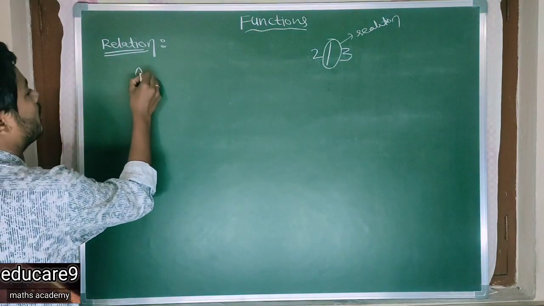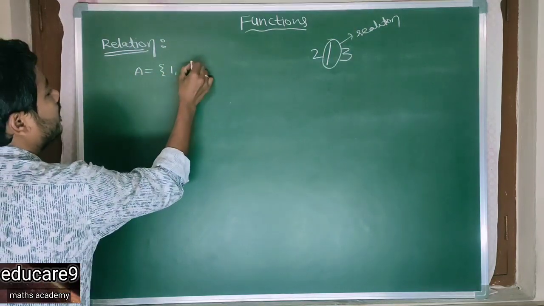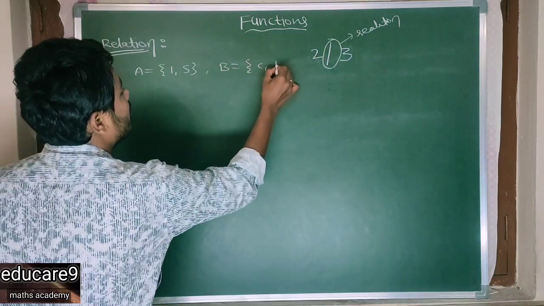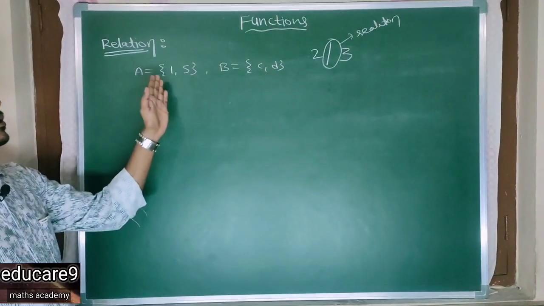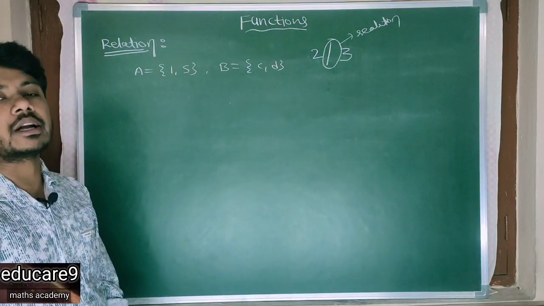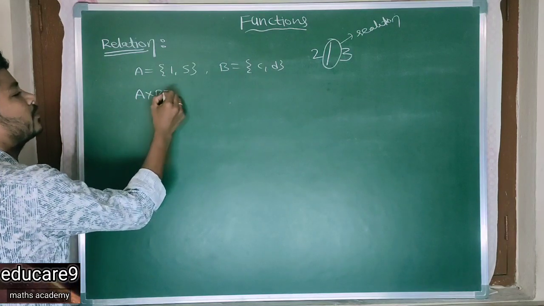For example, A has the set 1, 5 and B has the set C, D. Clearly these two are non-empty sets. And A cross B is called what? The Cartesian product.